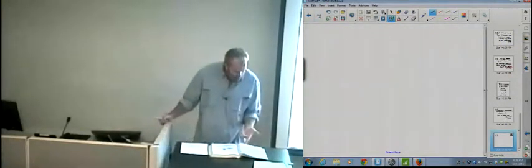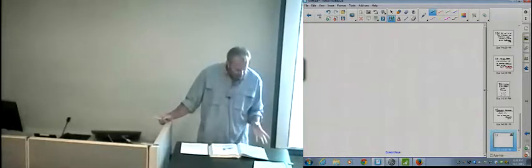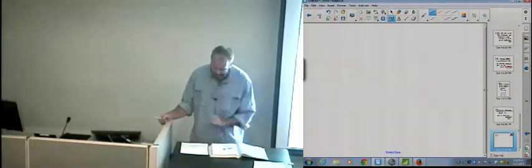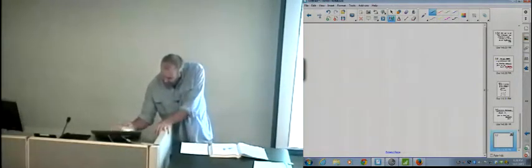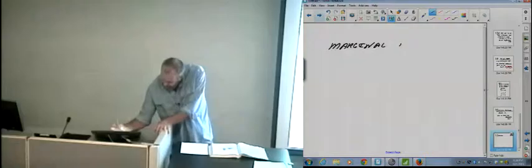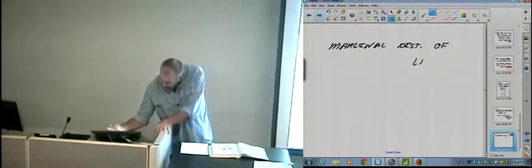The book gives you one of them, the marginal distribution of the sex and education, right? I want the marginal distribution of lifestyle.